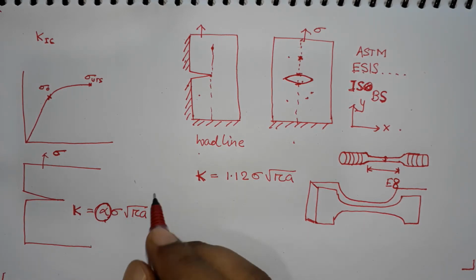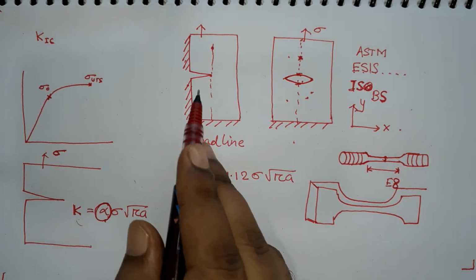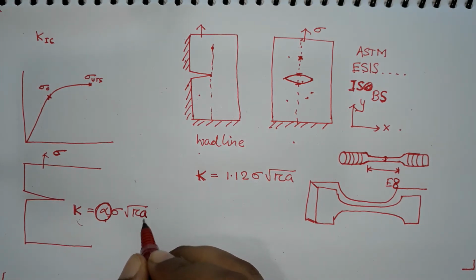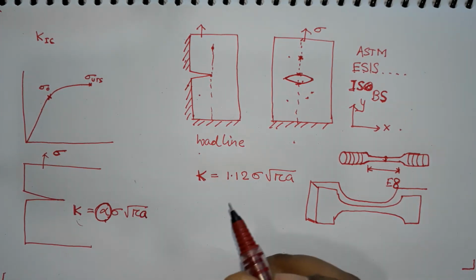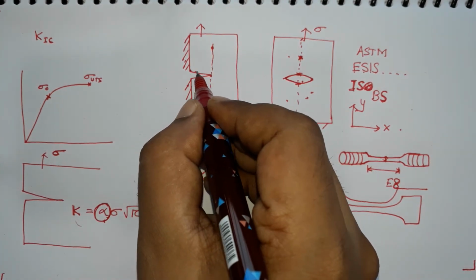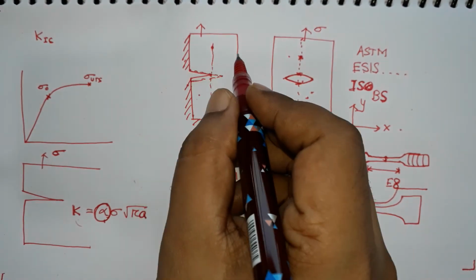So, this alpha will be changing. This stress intensity factor is also a function of a. Okay. So, a is the crack length, but more than that, the geometry of the crack also depends upon how deep the crack is in the specimen.